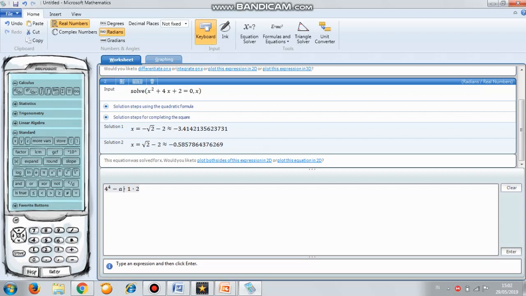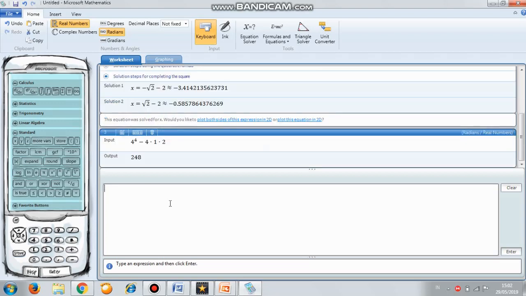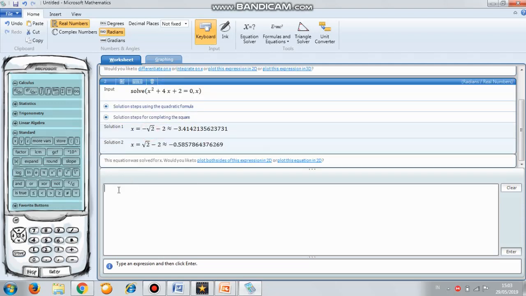If we find the discriminant, we use the formula b squared minus 4ac. It will be 4. Oh, it's wrong. It should be 4 squared, not 4 to the power of 4.